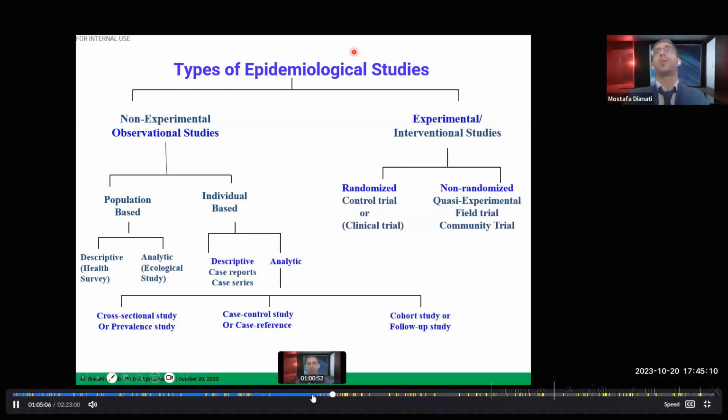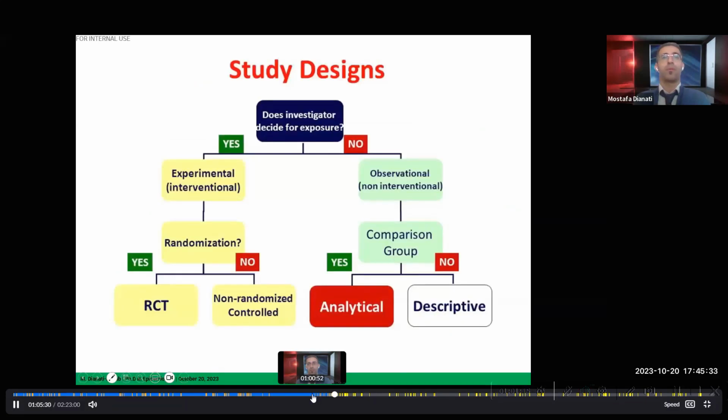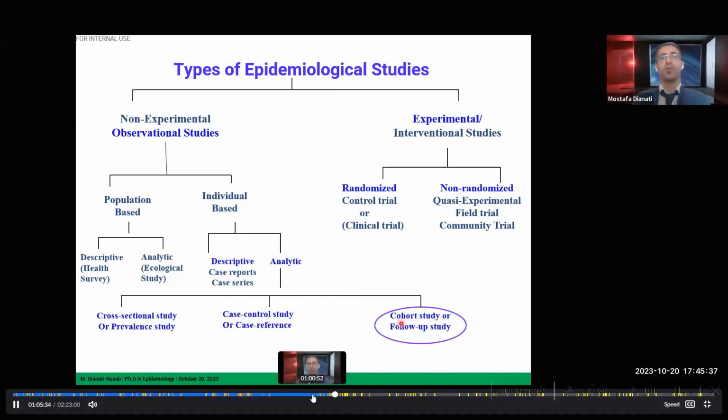This is an experimental study, which means you have control over the exposure, which can be randomized, okay, or non-randomized. So field trials and community trials are non-randomized in nature. Sorry about this one. I will correct this one later for you.